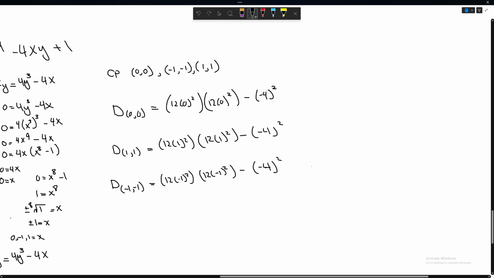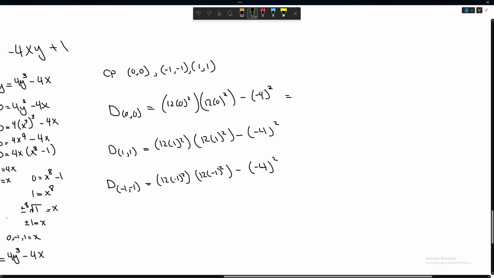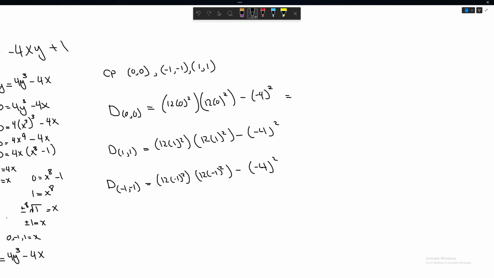Okay, and now when we simplify all this stuff, here we have this goes to 0, this goes to 0. This is -4 squared is 16, so this is -16. This one, 12 times 12 is 144. 144 minus 16 is, what do we got? 144 minus 16, that's 128.